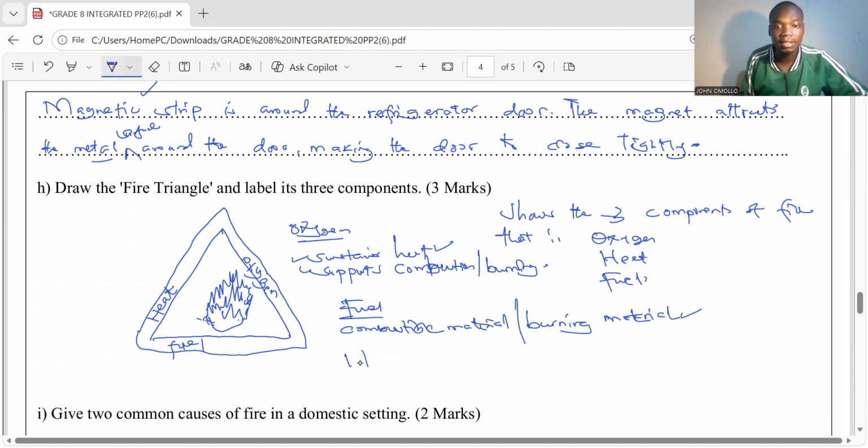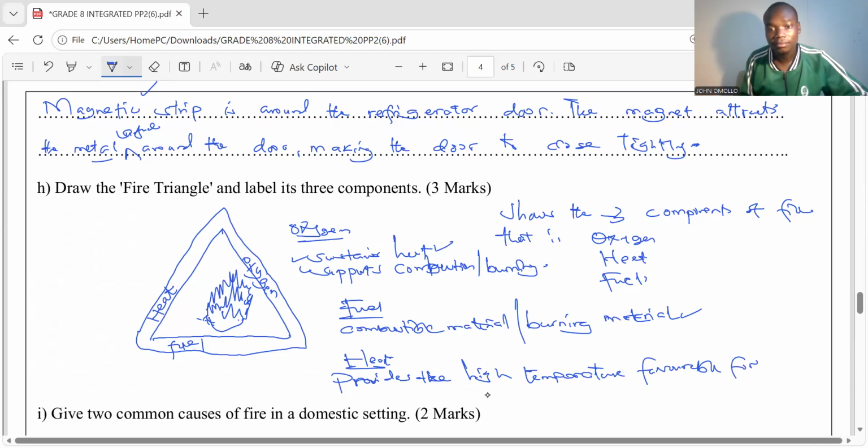And then heat now provides the temperature, provides the high temperature for burning. The high temperature favorable for combustion.